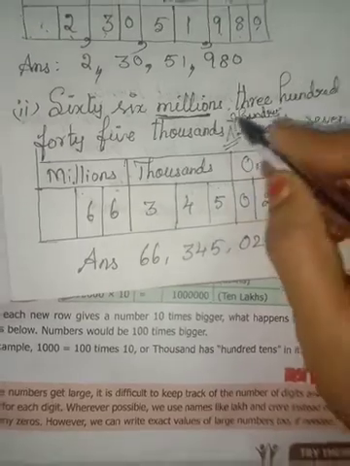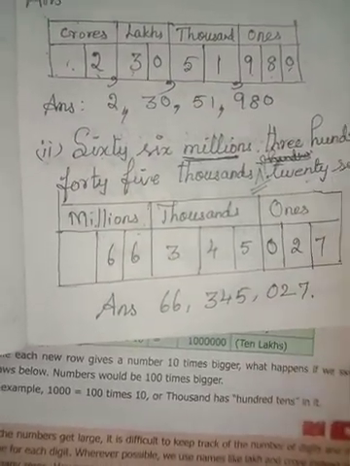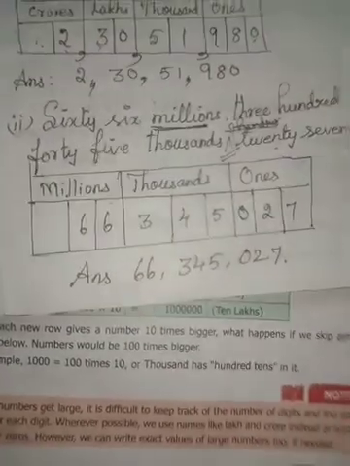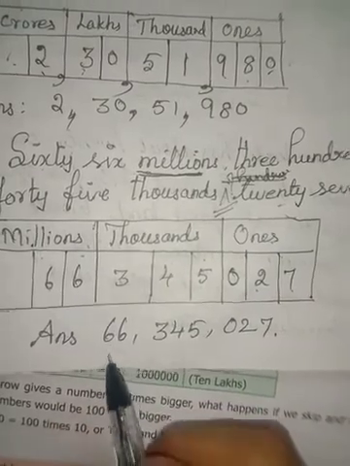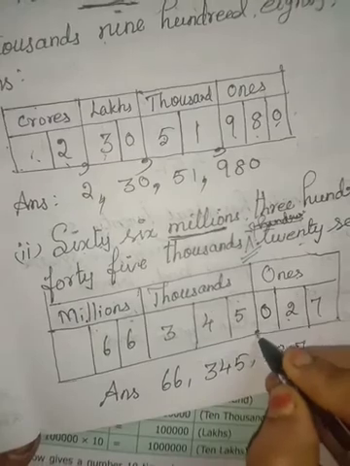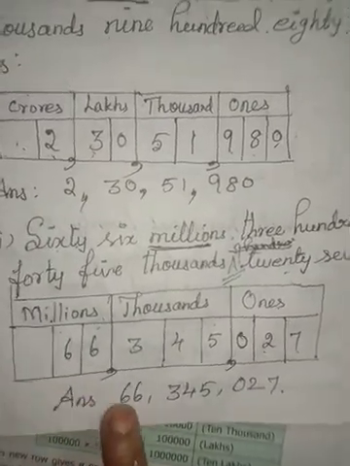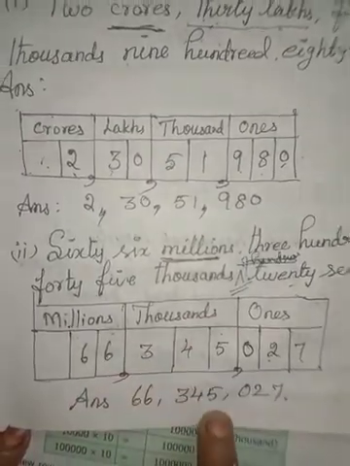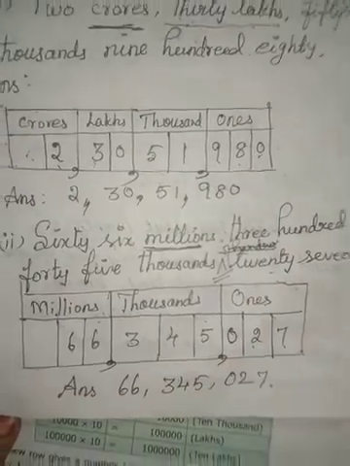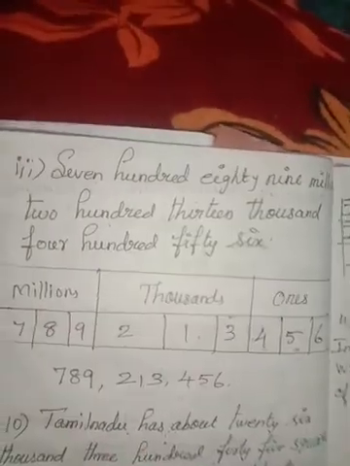That's why I put 0 in 100 place. 27 represent the ones digit and the tens digit, that is 2 and 7. So how can you read 66 millions and then put the commas after respective group. So that's why I write the numerals 66,345,027.